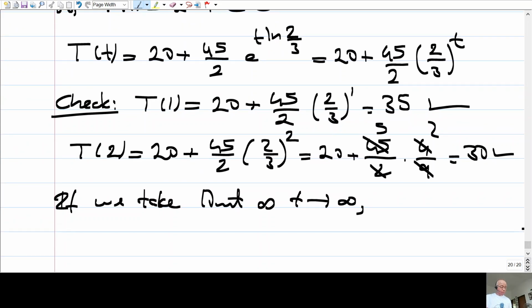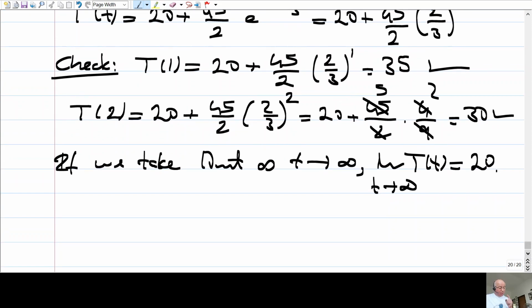Its surroundings, which is 20 degrees. And if you really take t equals infinity, this negative number e to the power minus infinity, which is 0, so you get just 20. Limit T(t) as t goes to infinity is just 20 degrees.